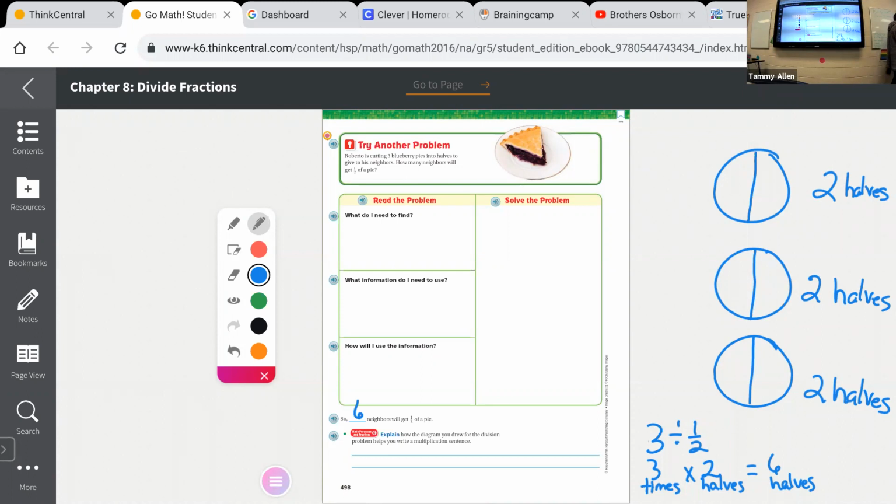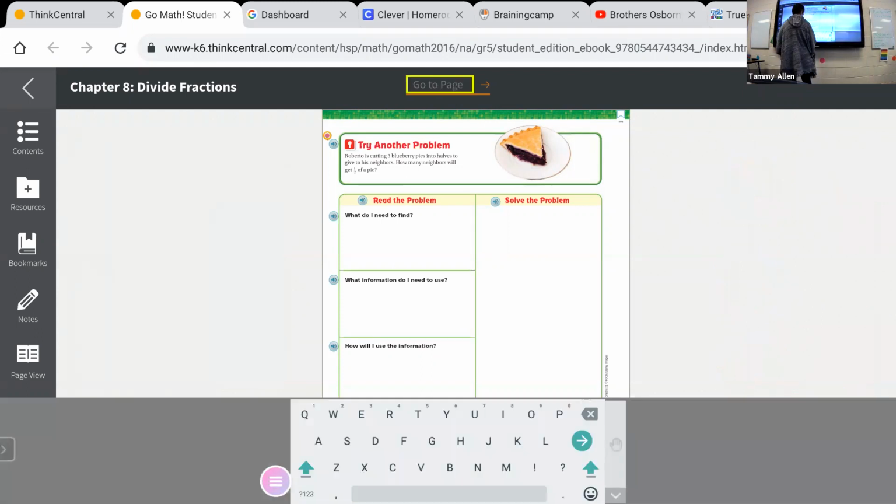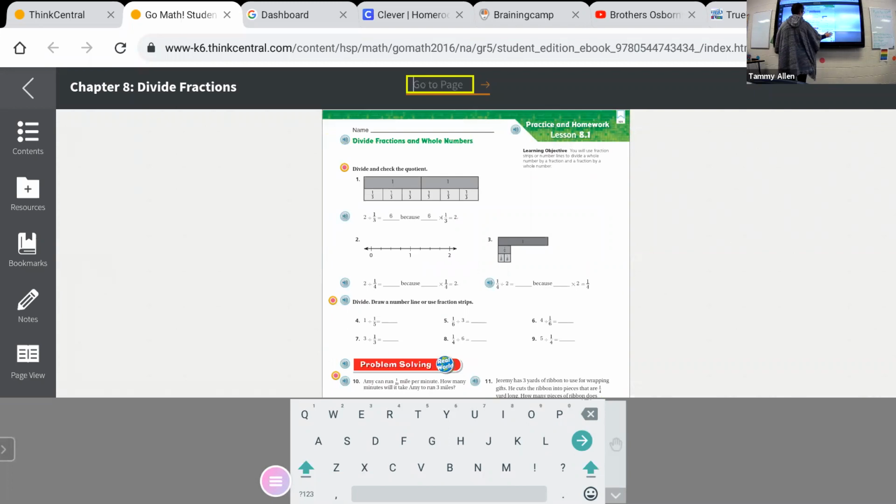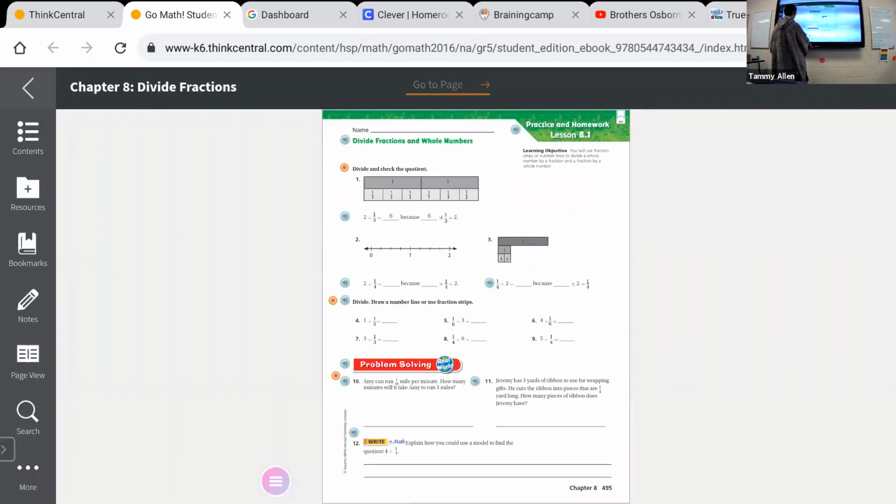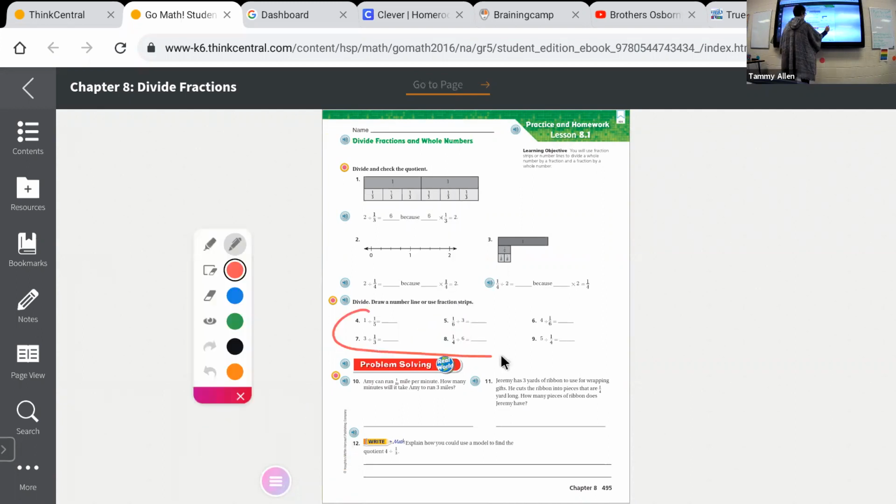Please turn back to page 495. On 495, on 4 through 9, you can draw a number line or use fraction strips, which means that you can use Brainingcamp and do screenshots.